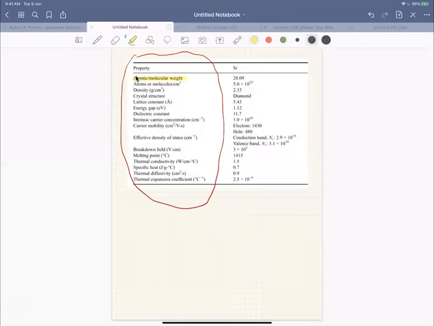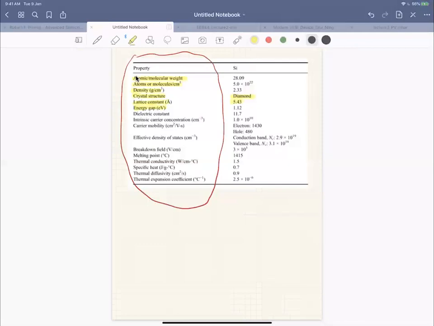Atoms per centimeter cube, this part we discussed. Density also discussed. Crystal structure is diamond cubic. Lattice constant 5.43. Then the important thing is the energy gap, because we are talking about semiconductors. Semiconductors are defined by a property called band gap, or energy band gap.